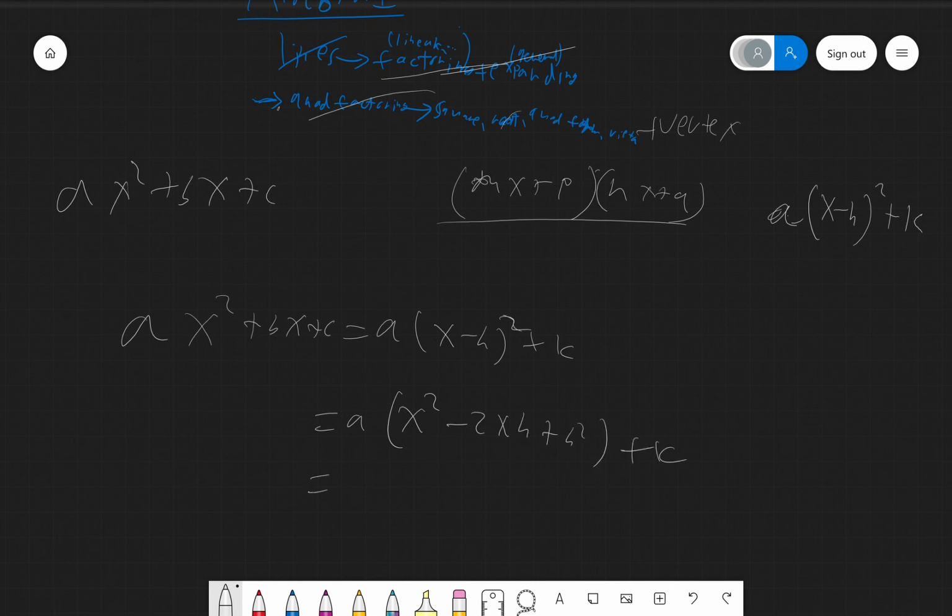Plus k, which is equal to ax squared minus 2hx plus h squared plus k. I'm gonna put parentheses because this is all together.